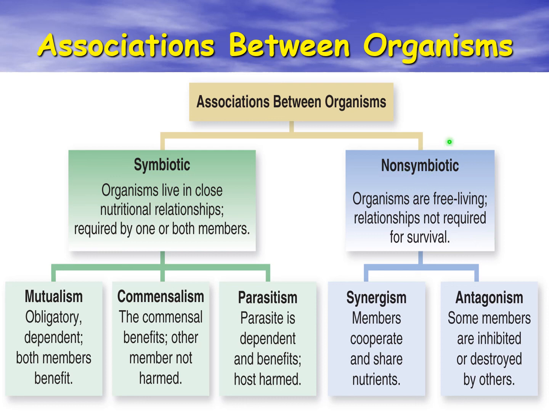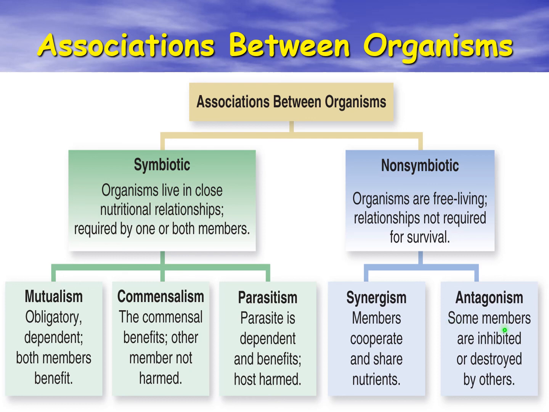So let's look at the non-symbiotic relationships first. If the members cooperate and share nutrients between the organisms, this is known as synergism. Again, while the organisms could live on their own, they are better together because they cooperate and share nutrients. However, in some scenarios, non-symbiotic relationships are antagonistic.